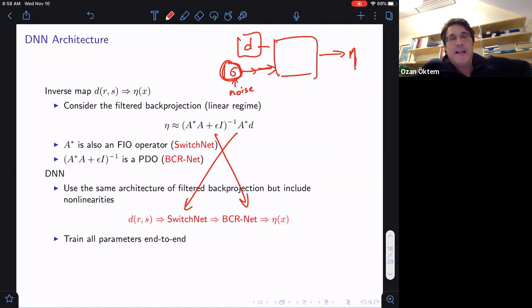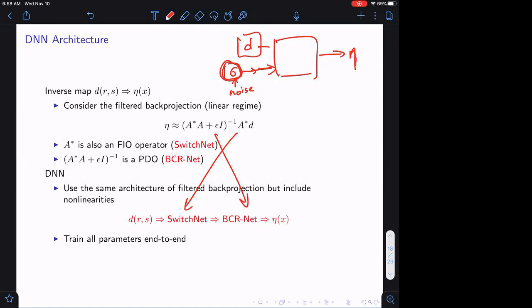If I want some kind of optimization based regularization, which offers a richer set of priors, A star and the normal operator A star A would pop up. Would SwitchNet and BCRNet kind of things fit in there?